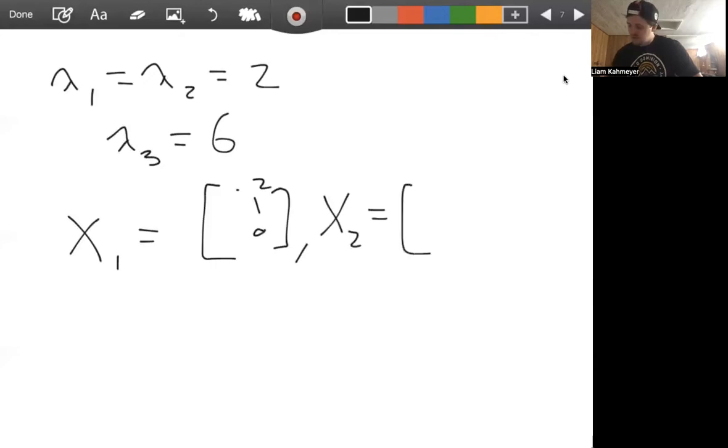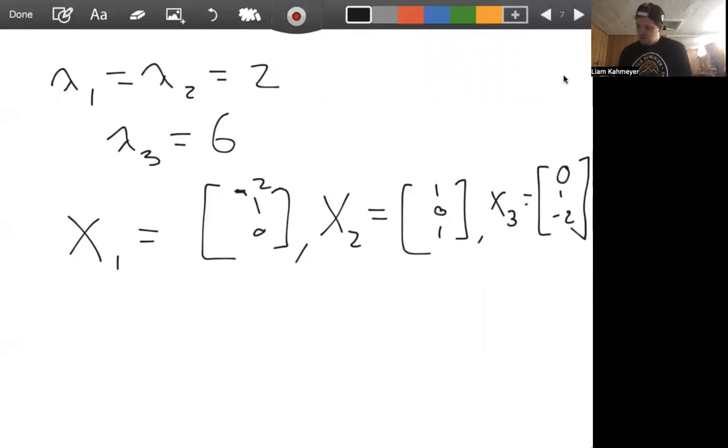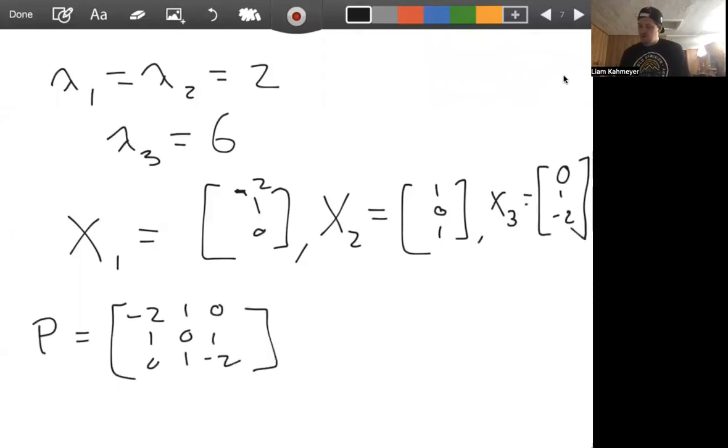Sorry, that's a negative. And then x2 is 1, 0, 1, and x3 is 0, 1, -2. Well, then P is the matrix with columns -2, 1, 0, 1, 0, 1, and 0, 1, -2.